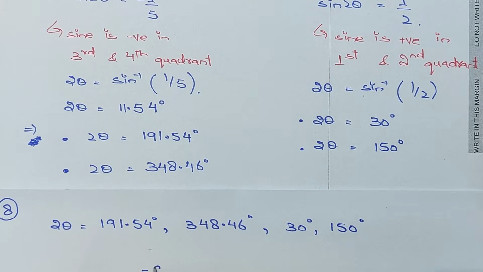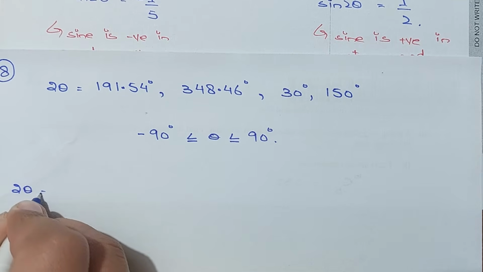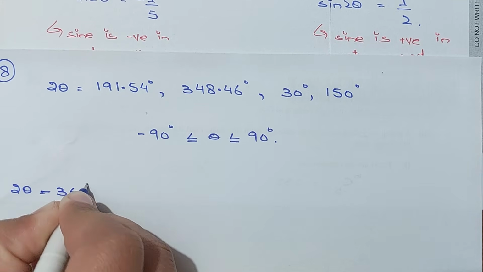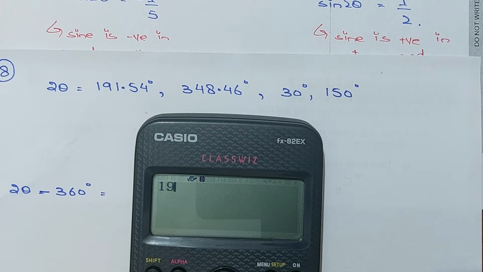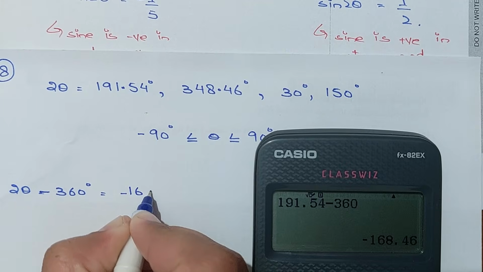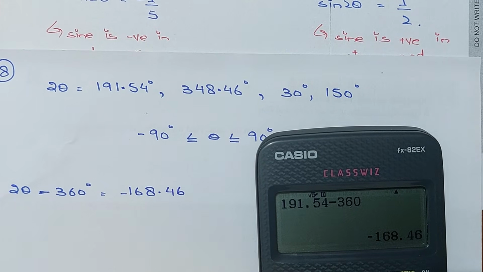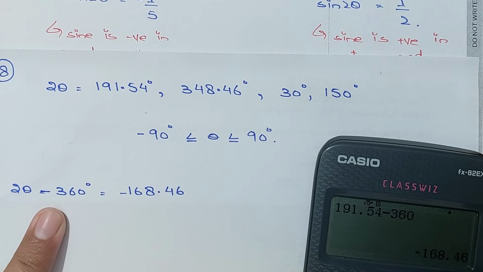And in the question it is given that the theta value must lie between minus 90 degrees and plus 90 degrees. All right, so in these 2 theta values, let me subtract 360 degrees, or 2 pi. 191.54 minus 360 is minus 168.46, because as you can see, we're getting all positive values. That is why I'm subtracting 360.